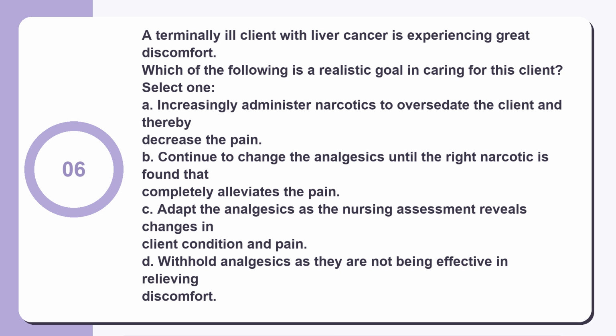C. Adapt the analgesics as the nursing assessment reveals changes in client condition and pain. D. Withhold analgesics as they are not being effective in relieving discomfort. Answer: C. Adapt the analgesics as the nursing assessment reveals changes in client condition and pain.